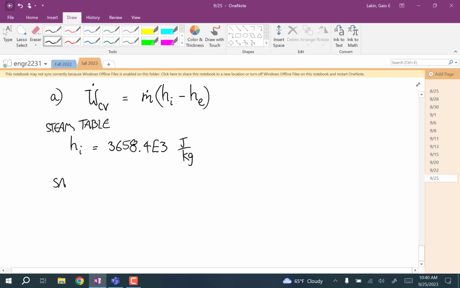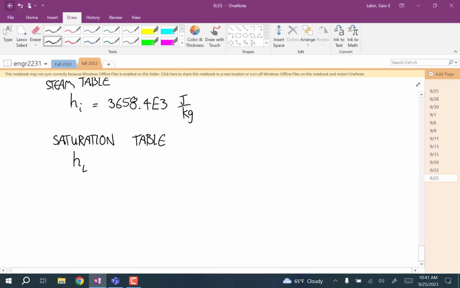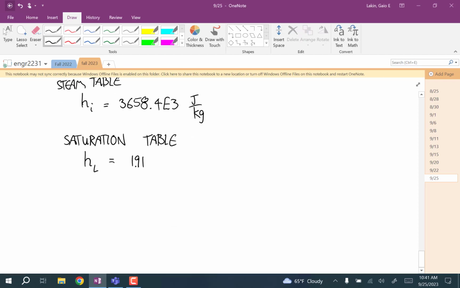And now we'll go to the saturation table. And it tells us that the enthalpy for the saturated liquid at that pressure that's given is 191.83 times 10 to the third joules per kilogram.